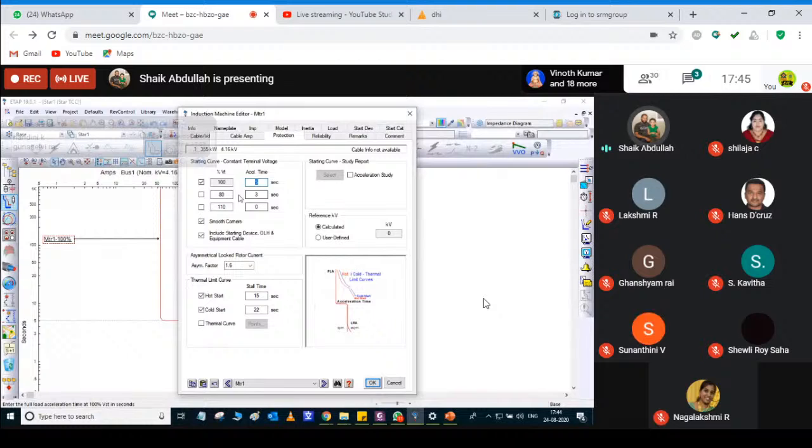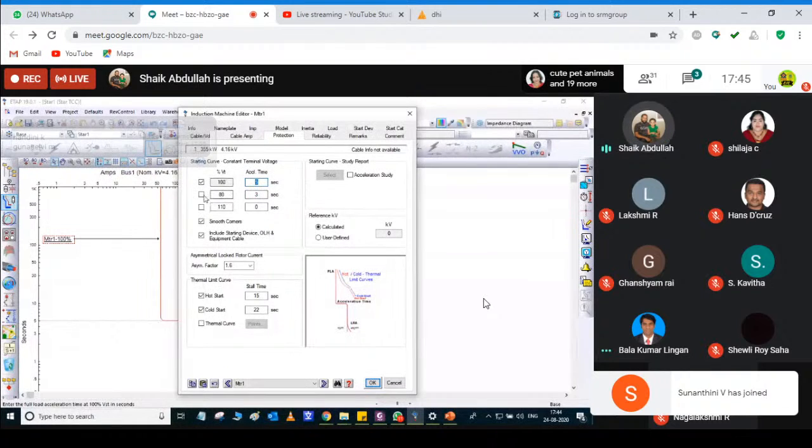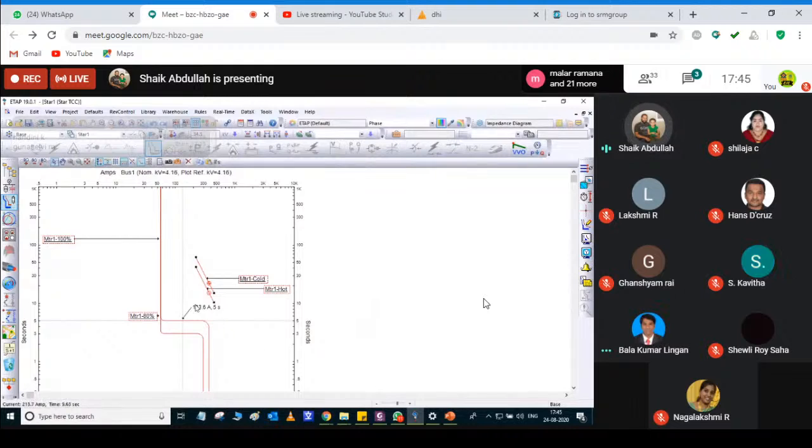This is 5 seconds. So for 100% voltage, my accelerating time is nothing but 5 seconds. If I apply 80% voltage, then my curve will be different.